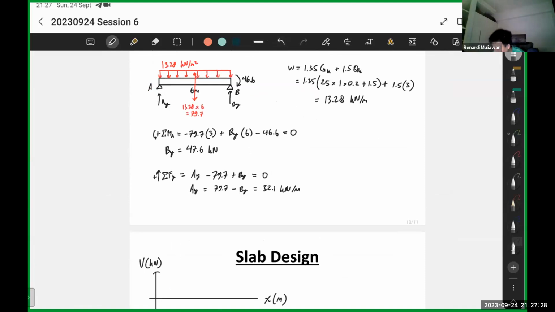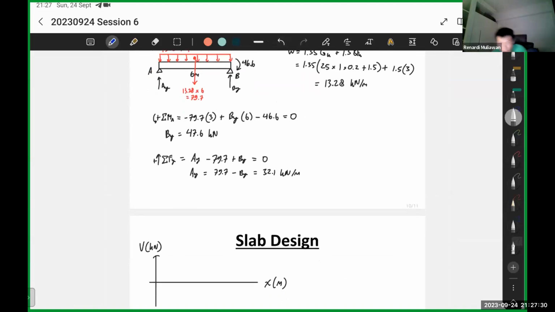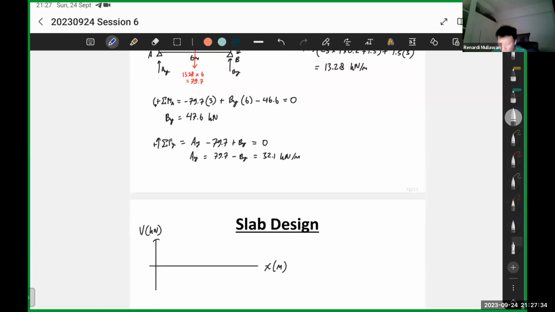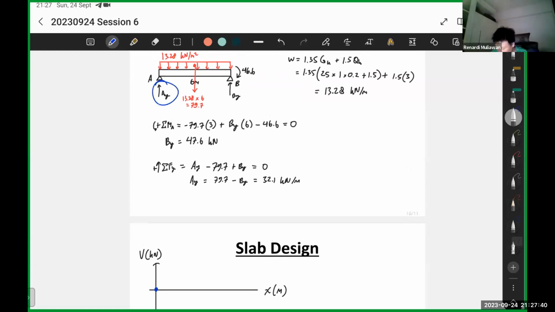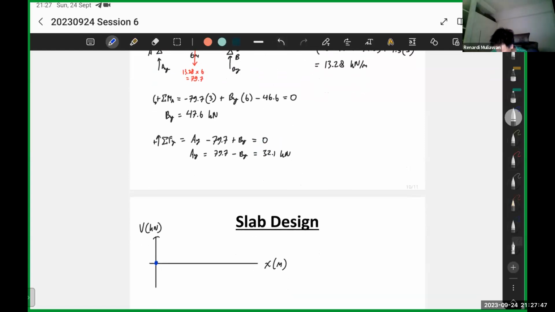So the shear force diagram, for the one that forgot, should start and end at 0. Okay, because 0 means equilibrium. So you will start at 0. Next one, you have the Ay jumping up by 32.1. So from 0, you will jump up to 32.1.